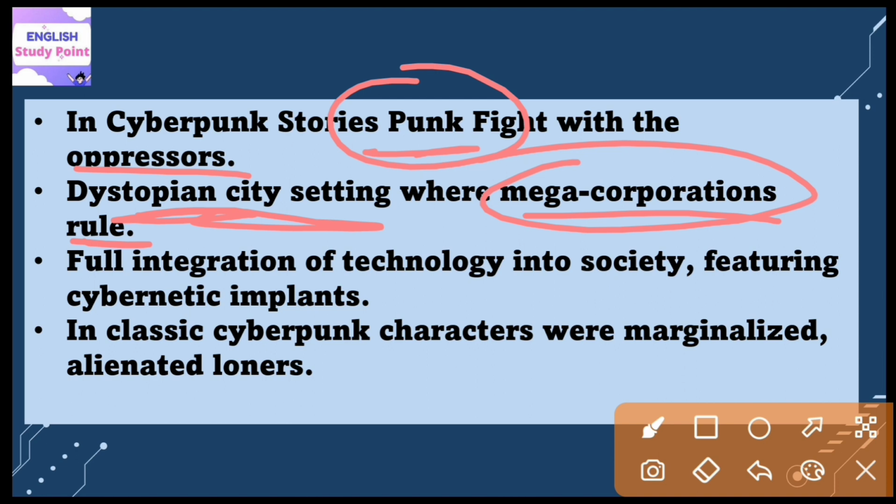So in such types of cities, mega corporations try to rule. Then there is full integration of technology into society. So technology is integrated with people living in society. It becomes part of their lives.